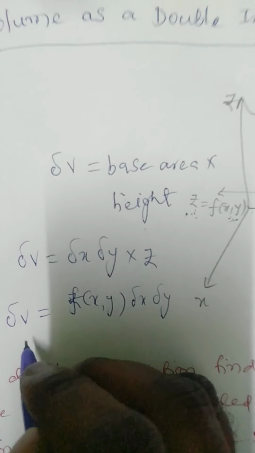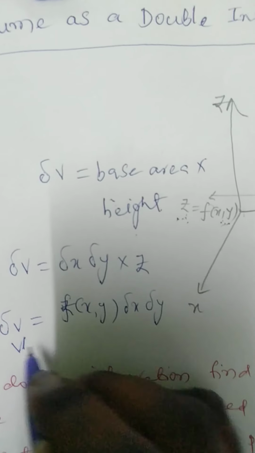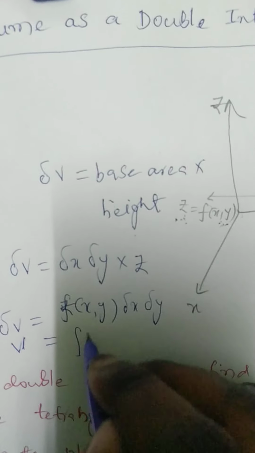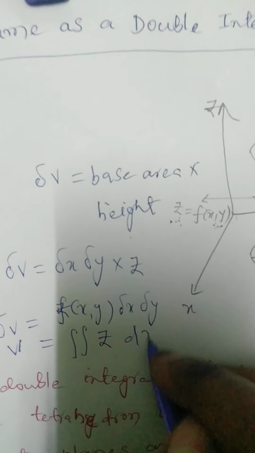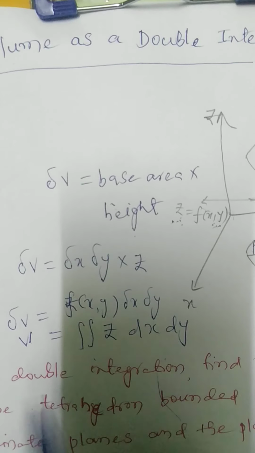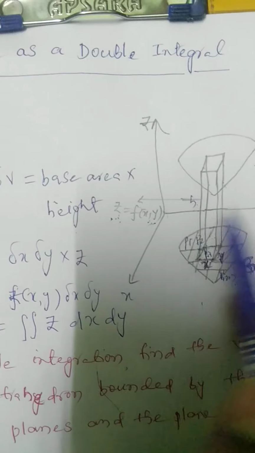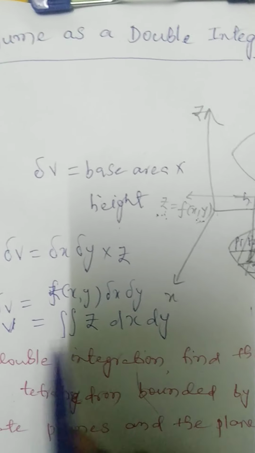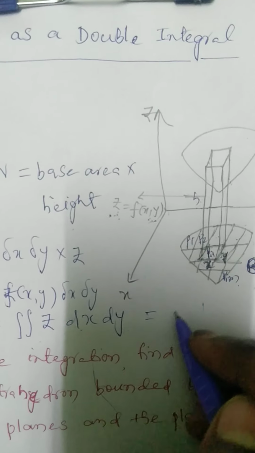The total volume V equals double integral z into dx dy. By using this formula, you can get the total volume of this three-dimensional figure.